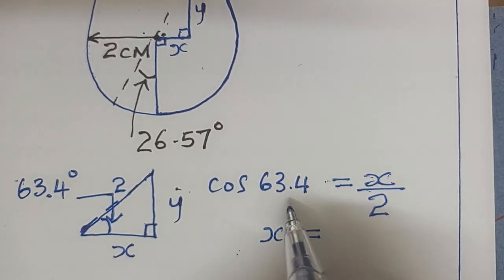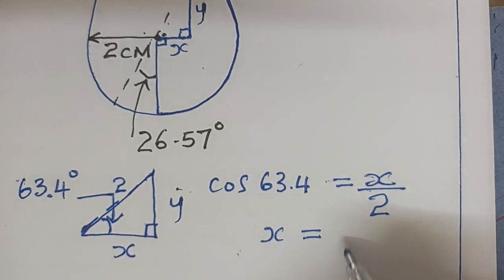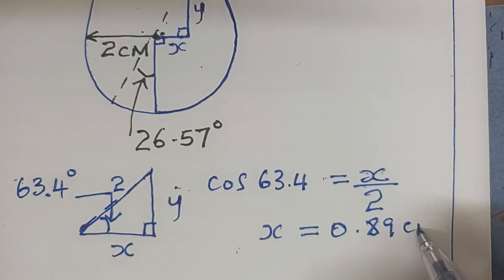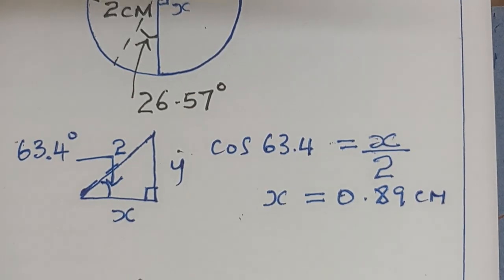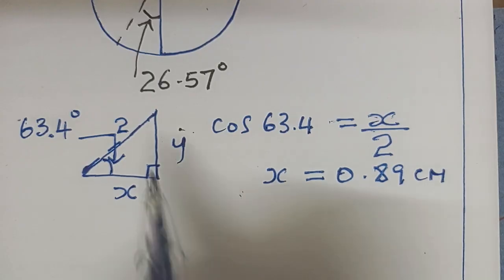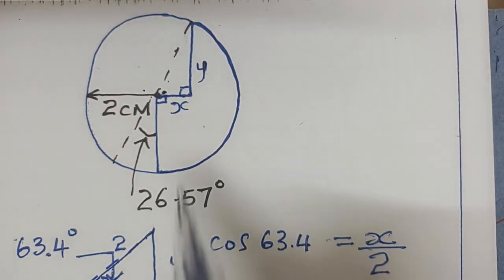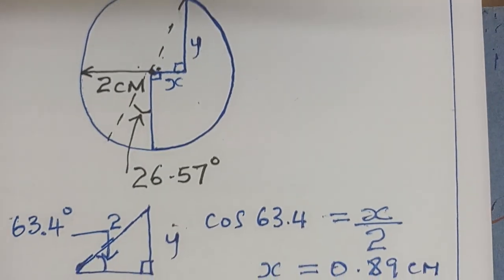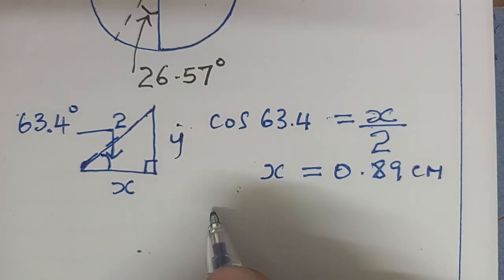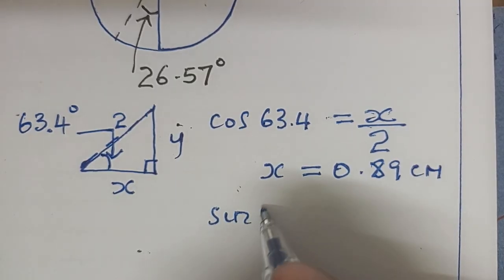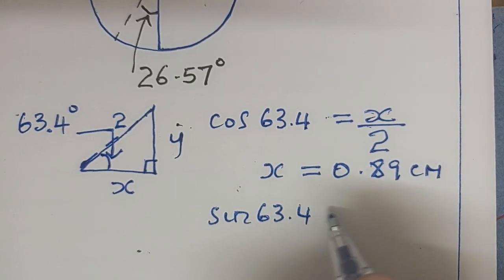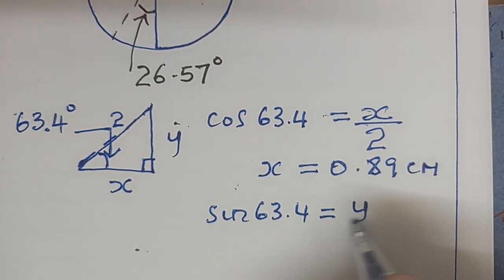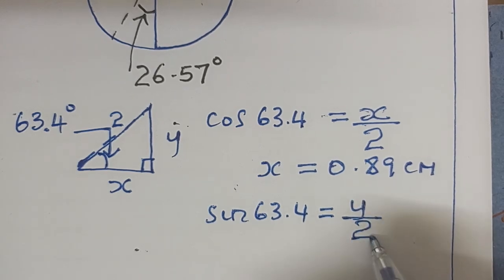Guys, now multiplying cos 63.4 times 2, you get 0.89 centimeters. From there, we come and now get the value of y. So that one is now going to be sine 63.4 is equal to opposite, which is y, all over hypotenuse, which is 2.